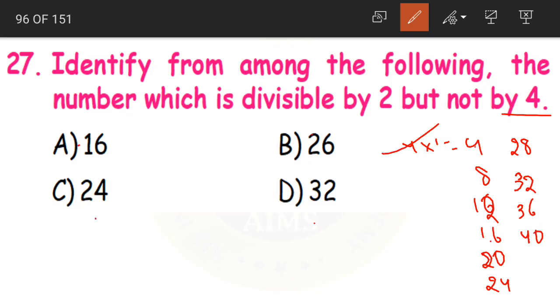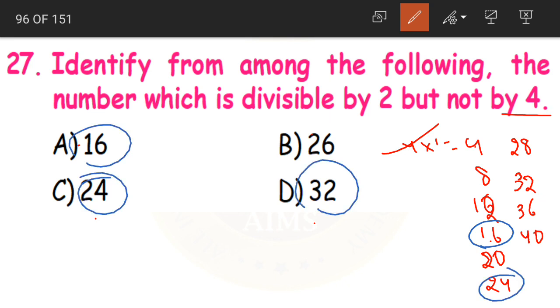If you look at the options, we have 16, we have 24 and we have 32 in the 4 table. Now what number do we not have? We don't have 26. So that means 26 is not divisible by 4, children. When we divide 26 by 4, the remainder will not be 0. So 26 is the number that is divisible by 2 but not by 4.